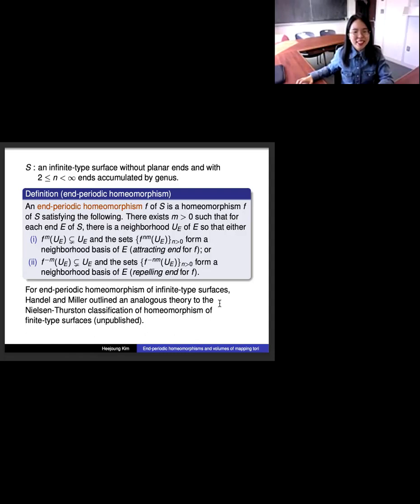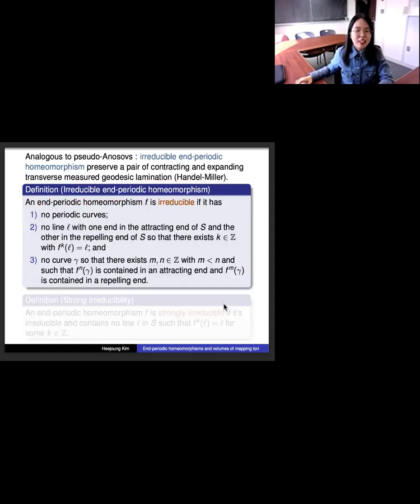Handel and Miller defined reducible end periodic homeomorphisms and showed that they preserve a pair of contracting and expanding transverse measured geodesic laminations, as pseudo-Anosov elements do for finite type surfaces. So let's see the definition.